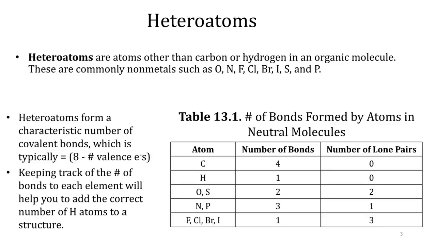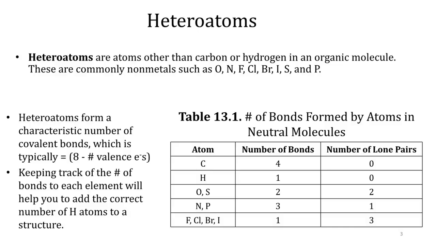Now, as you know from our discussion on valence electrons and covalent bonding, each heteroatom will have its own associated characteristic number of valence electrons and correspondingly number of covalent bonds that it will tend to form. And when we're looking at saturated systems, generally the heteroatoms form a number of bonds which is 8 minus the number of valence electrons. So this is a key.